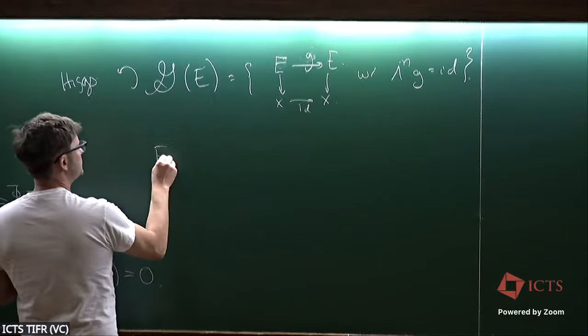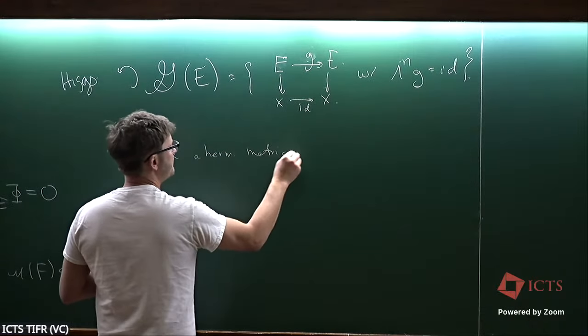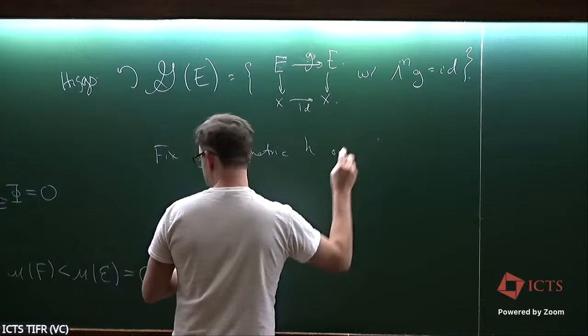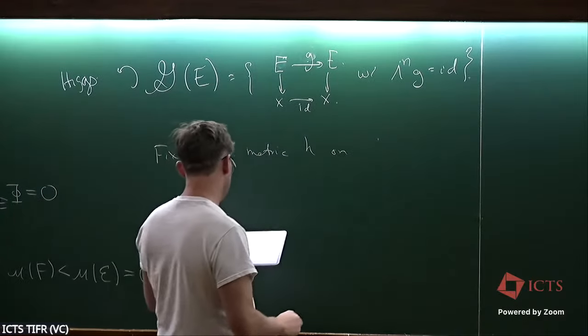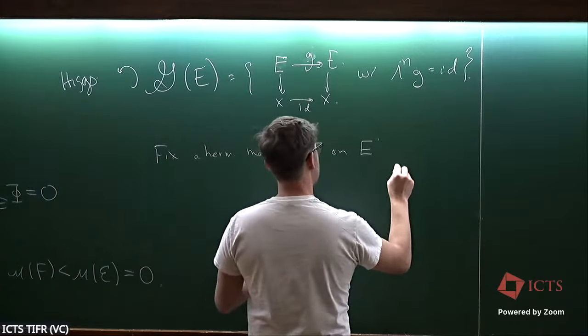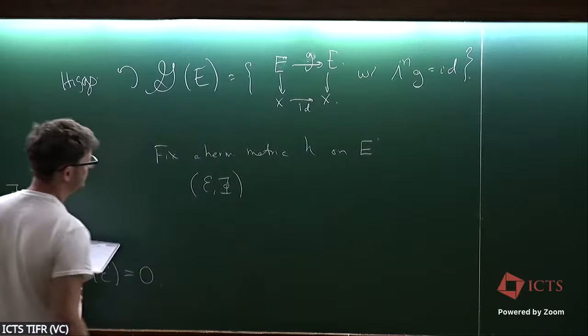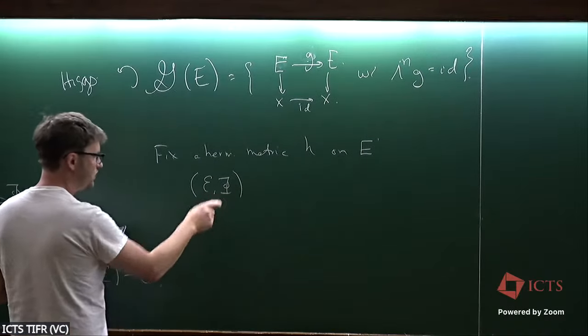Okay, and so let's fix a Hermitian metric H on E. So this should be looking a lot like Rui's talk. And from my Higgs bundle, well, I have a holomorphic structure and a one form valued in endomorphisms.